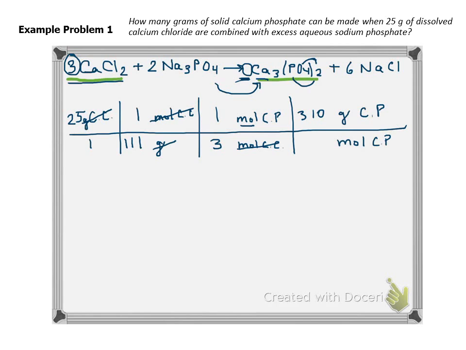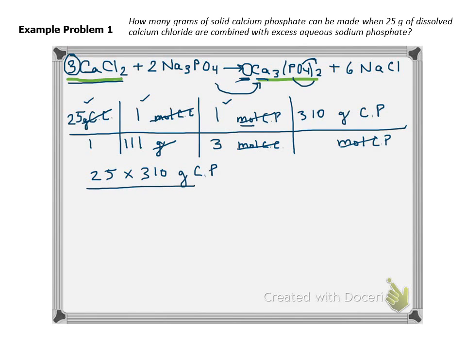The next step is to multiply all of the values across the top of our fraction. So we have 25, a 1, and a 310. And the unit left will be grams of calcium phosphate.